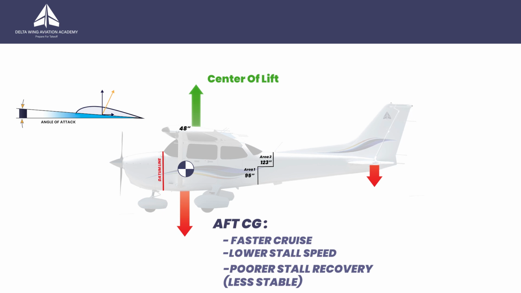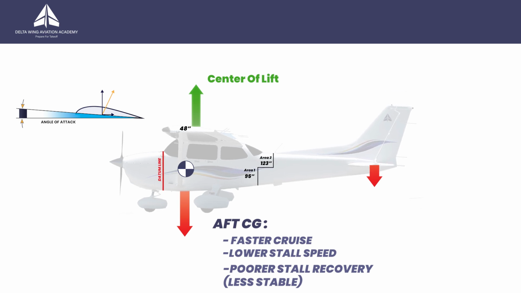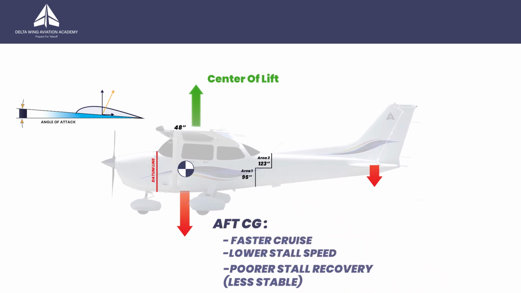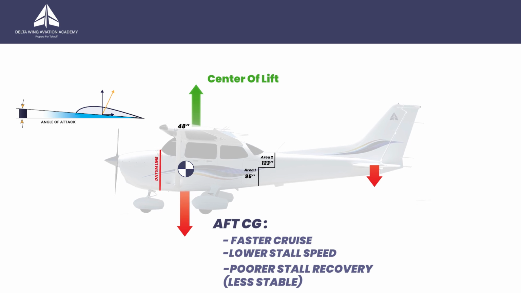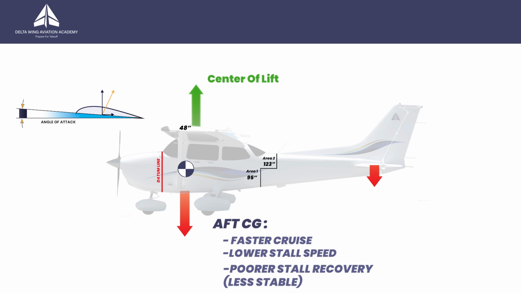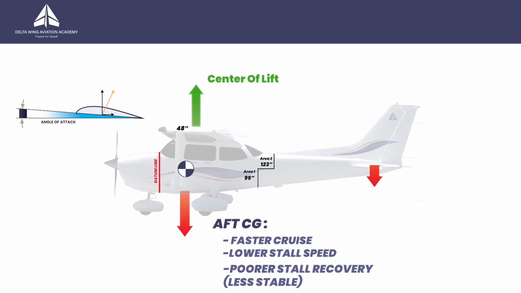So any little bump or turbulence we encounter can very easily set the nose going up or down away from its original attitude. So the airplane is a little bit less stable with a far aft CG. As long as you keep the center of gravity within its limits, the airplane is still going to be stable. It's just not quite as stable as it would be with a further forward center of gravity.